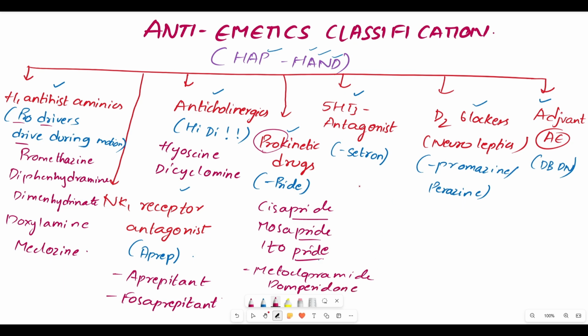Coming to the 5-HT3 antagonist, these will be ending with the term cetron. So the drugs are, one is ondansetron, granisetron, palonosetron, and ramosetron.